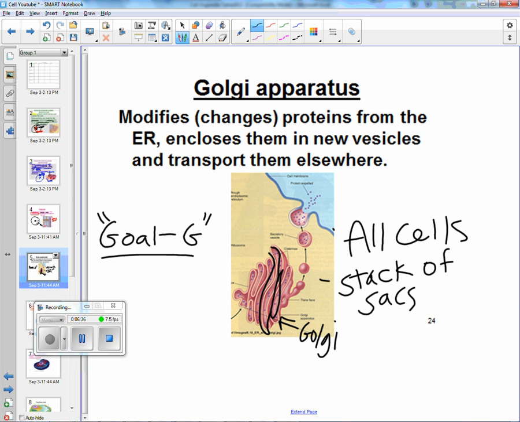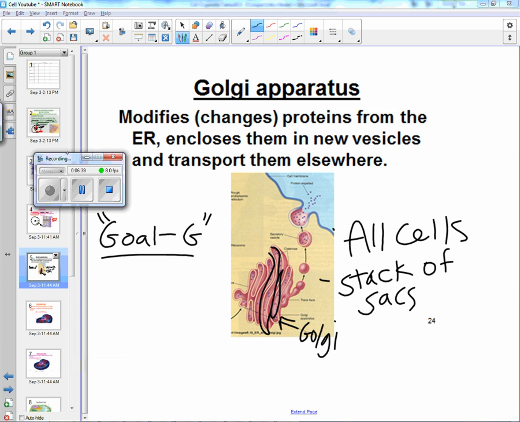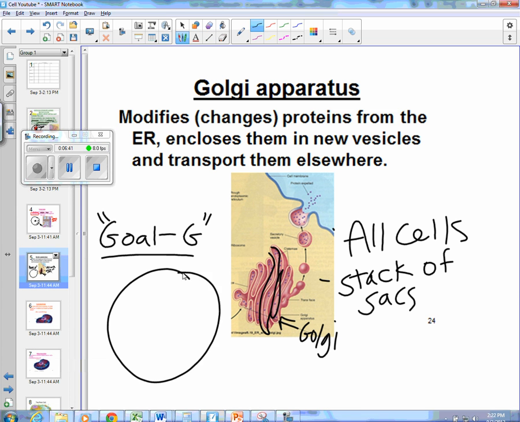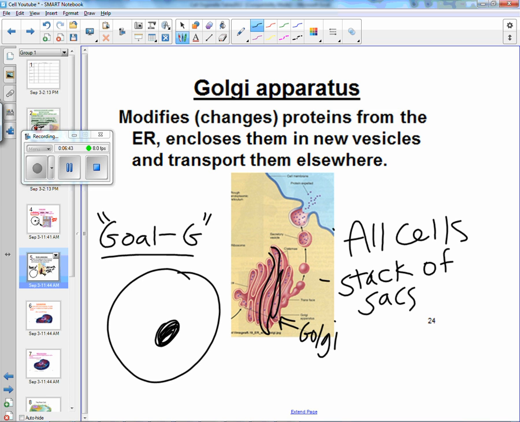So if you want to draw a picture, this is what you should do. Draw your eukaryotic cell, and then draw a circle, and another circle, another circle. So it kind of looks like a stack of pancakes. That's kind of like this over here. Golgi. Structure is a stack of pancakes, stack of stacks.